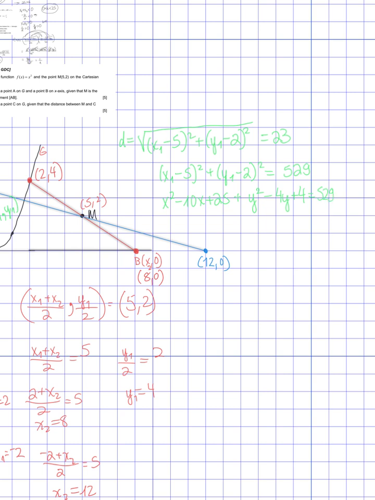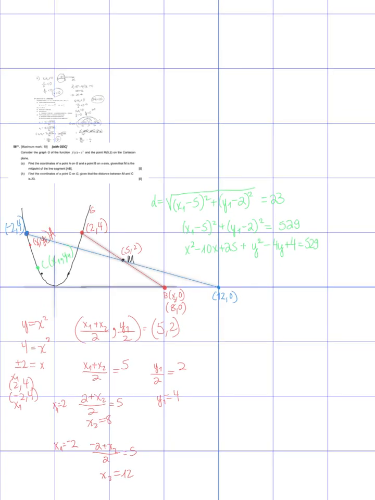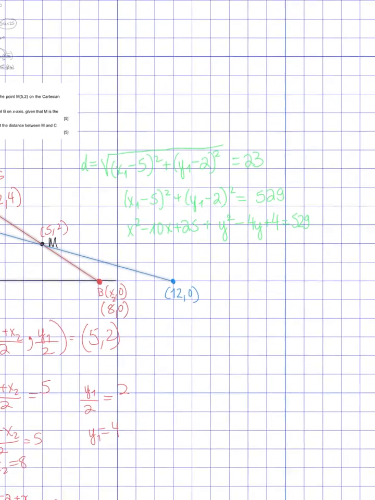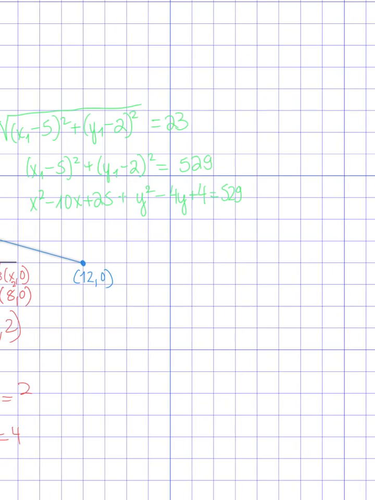So, yeah, we have two variables, but we do have the function. So what we can do, instead of using y, we can use the fact that y equals x squared. So we're going to have x squared minus 10x plus 25 plus x squared squared minus 4x squared plus 4 equals 529.